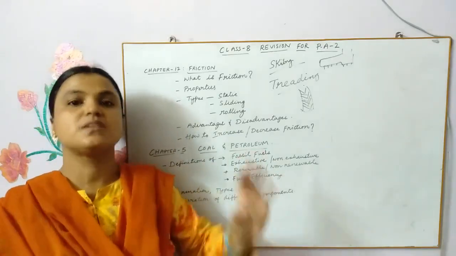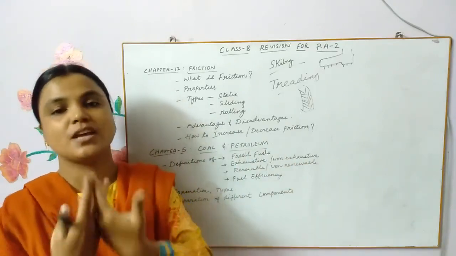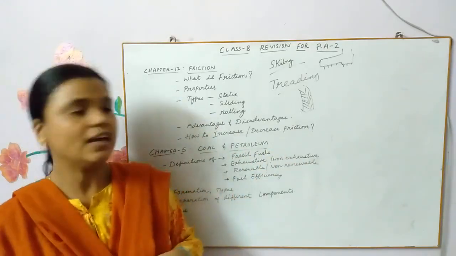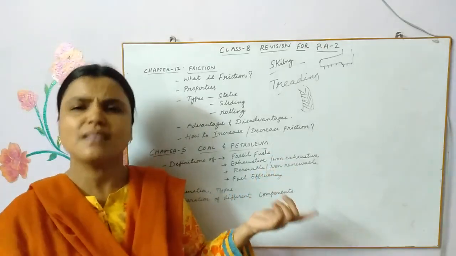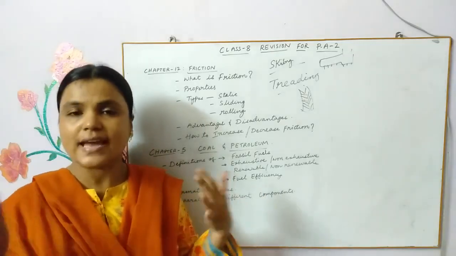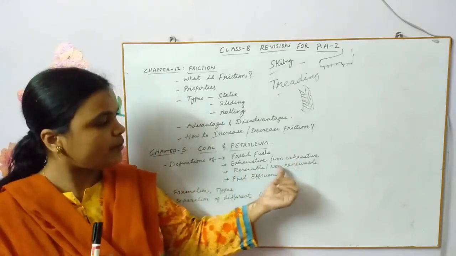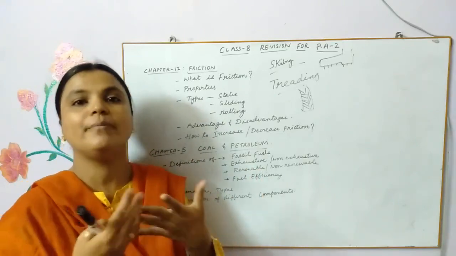Exhaustible means which can be exhausted, which can be used up completely. Inexhaustible, which cannot be used up completely. There will be a constant or continuous supply of such things, like sunlight or water or air. We get that in an unlimited manner.